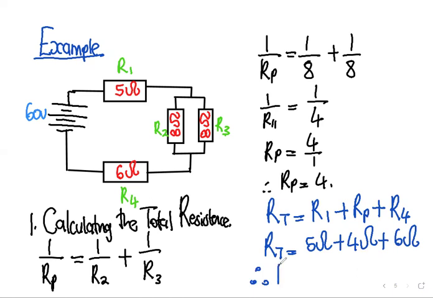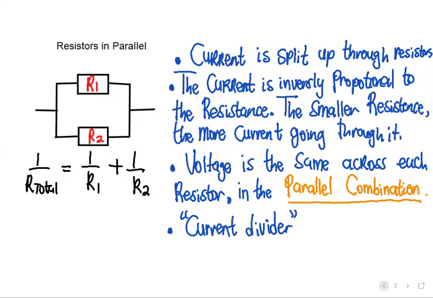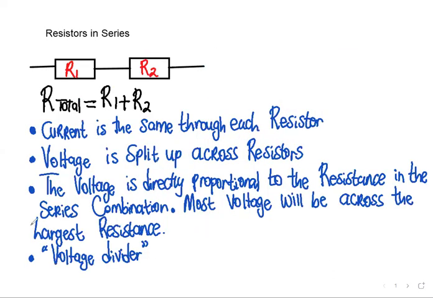Then therefore R total is equal to 5 plus 4 plus 6, which is 15 ohms. So 15 ohms represents your total resistance. So that's how we solve this, guys.